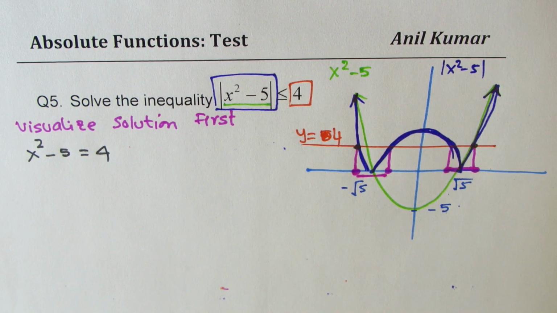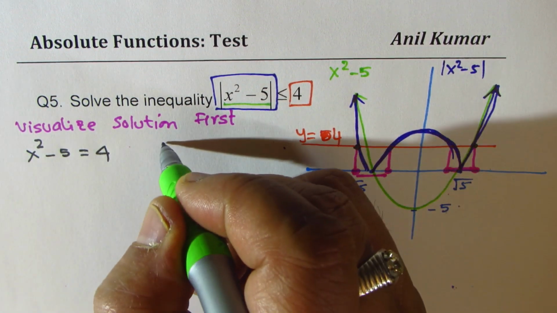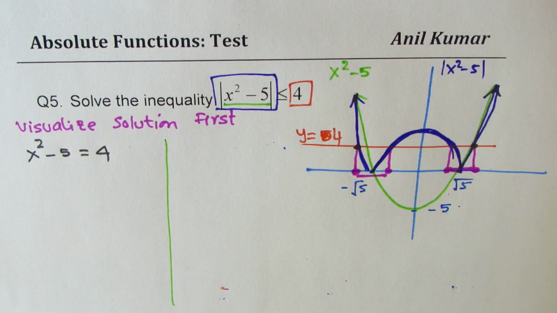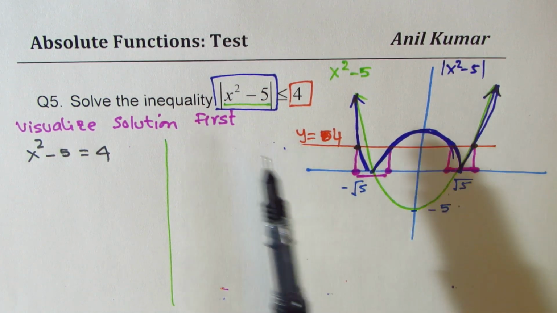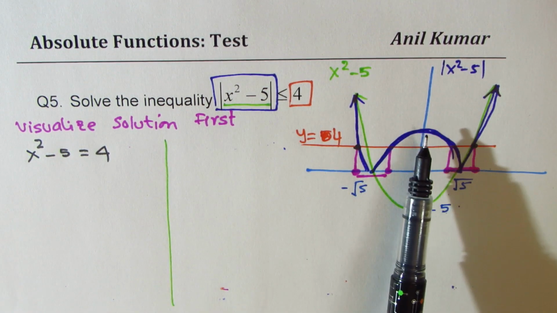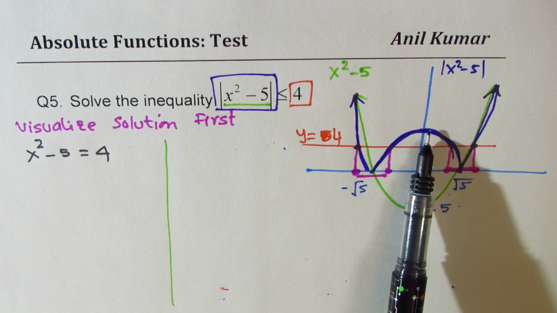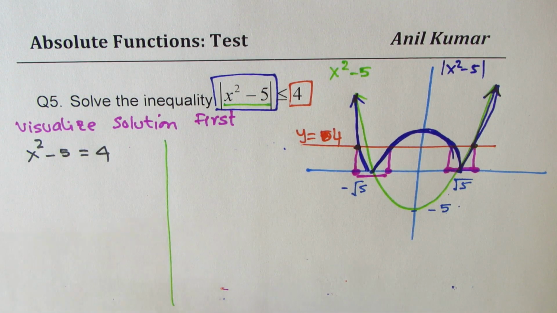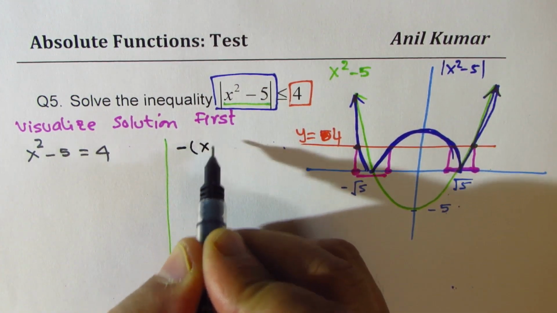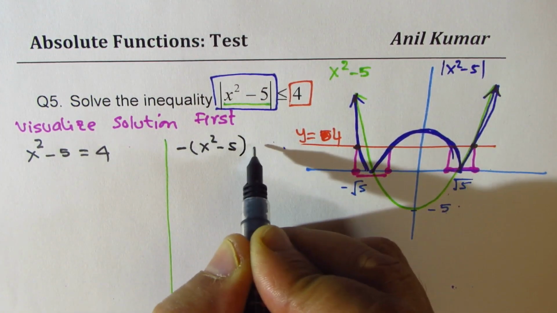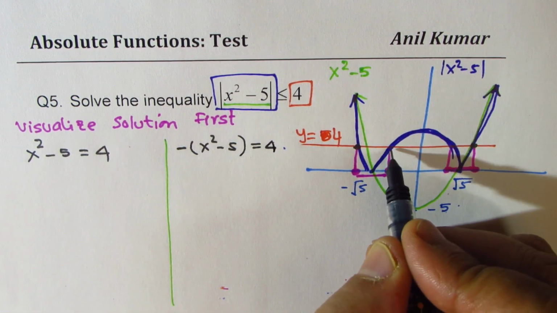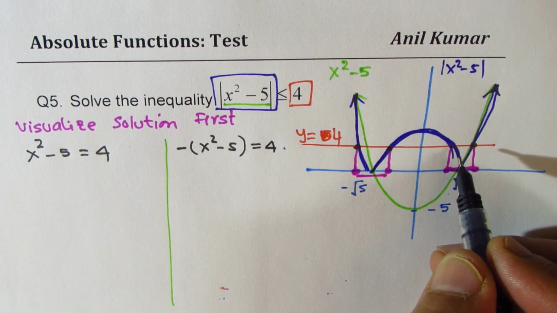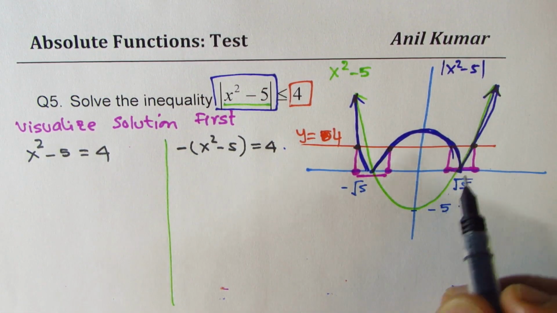And the second part here is that I could also find the solution of the negative of this with 4. You get an idea, right? So this is the reflection. So the other part is negative of x squared minus 5 equals 4. So we'll find these points. Does it make sense to you? So let's find these points.